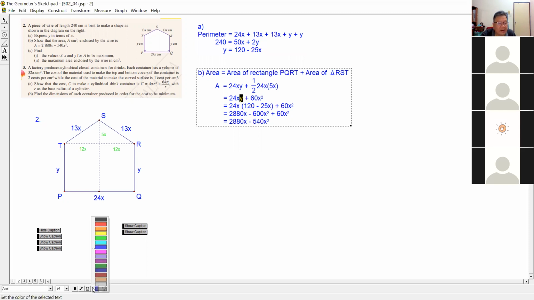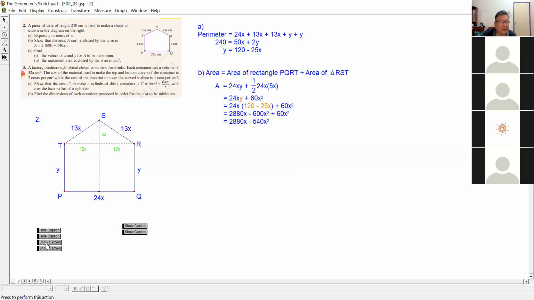So this is how we eliminate the y. Replace the y with 120 minus 25x. Expand, and you can get the expression or the formula that is given here, right?